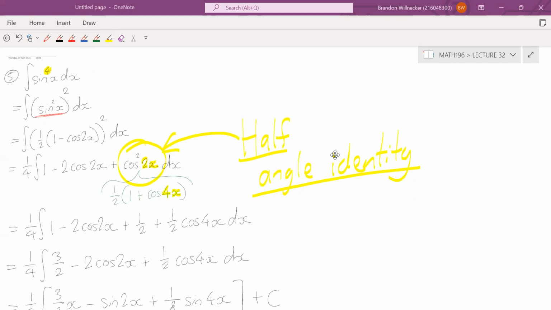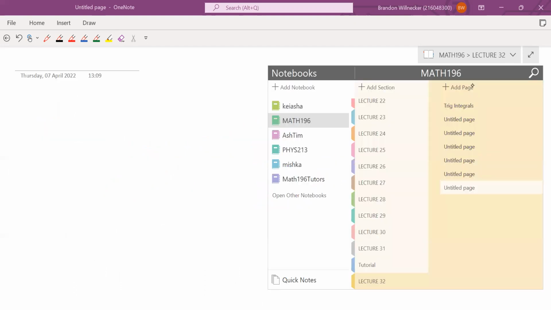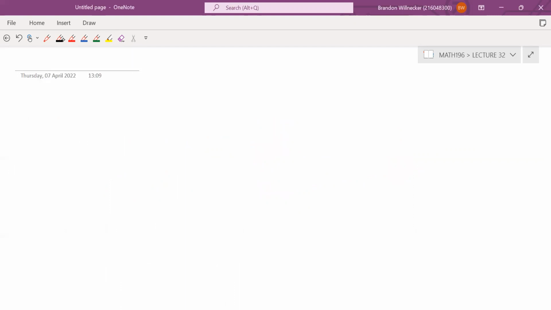Okay, and then there's just one more thing. So this was when sine and cosine were separately having even powers. What happens if they are both even? Okay, that's the last case, both even.